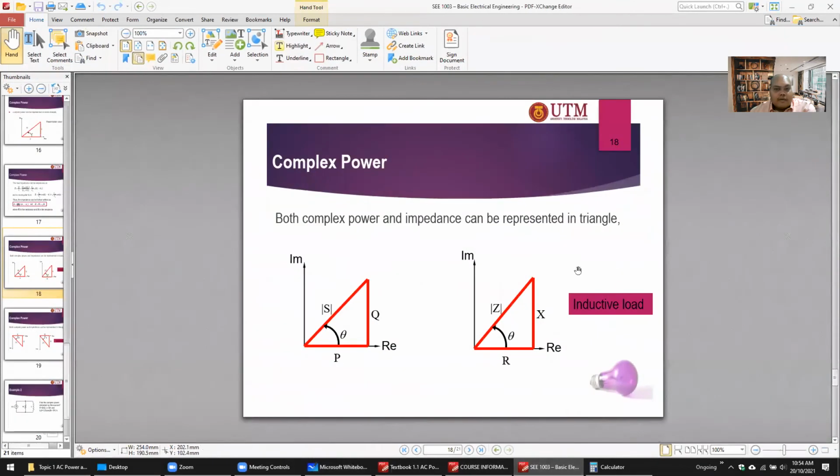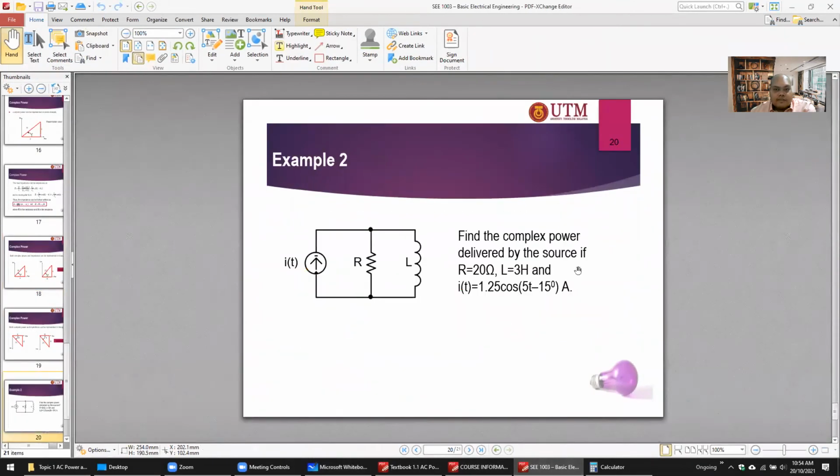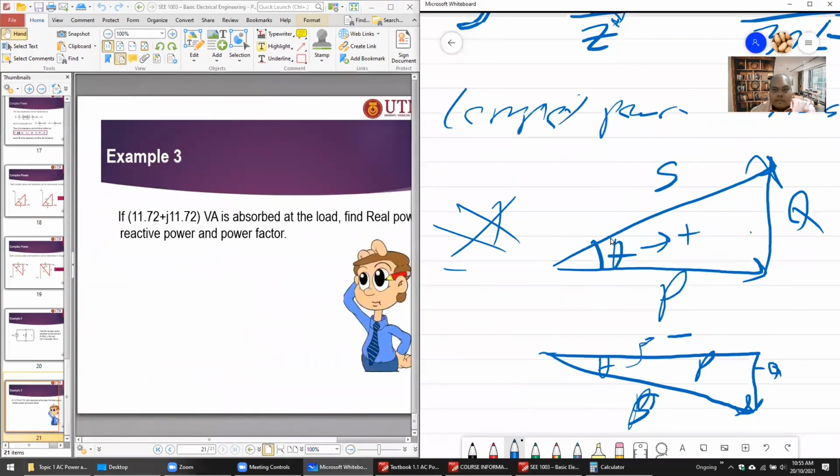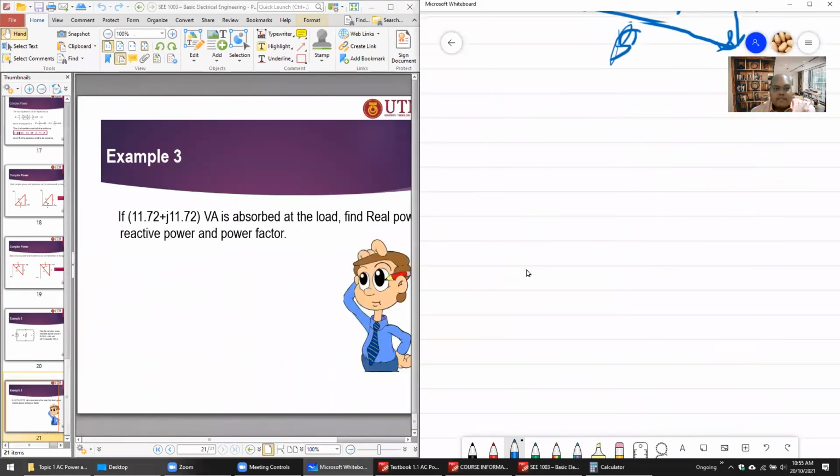Okay, and then what else? You can try to practice using this example: find the real power, reactive power and power factor. So this is a good example. Let me give you an example here. You can see here S equals 11.72 plus J 11.72.